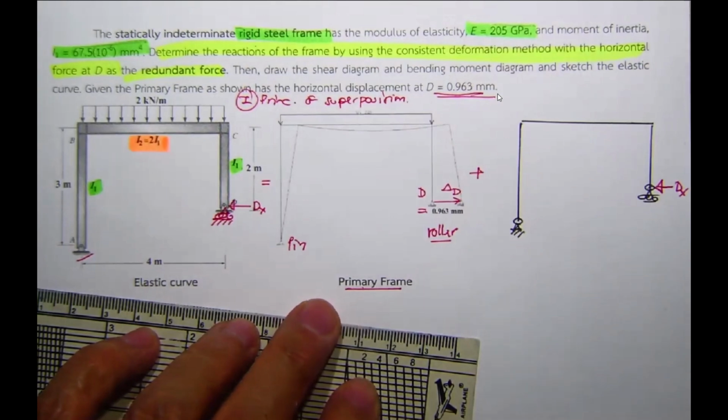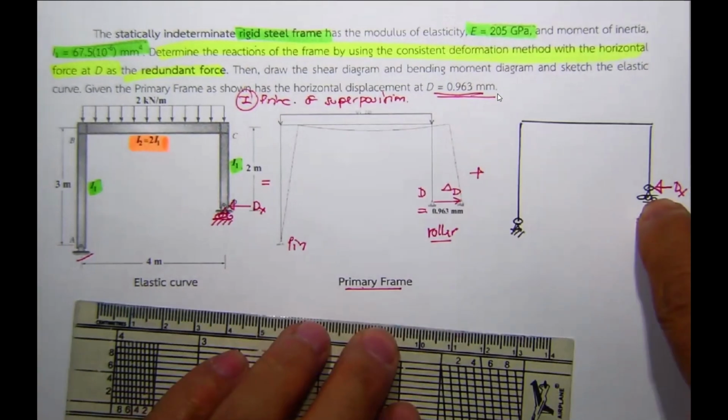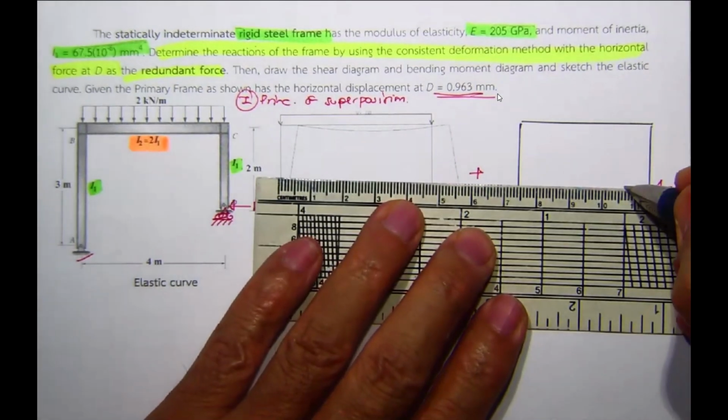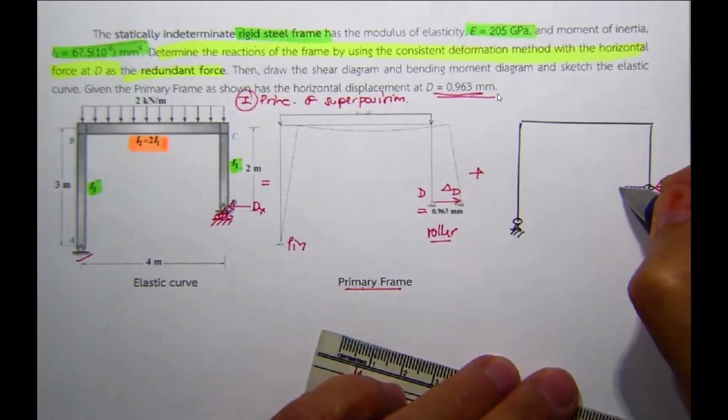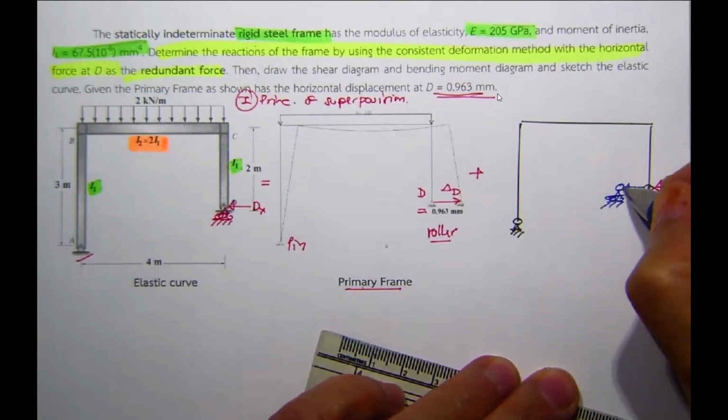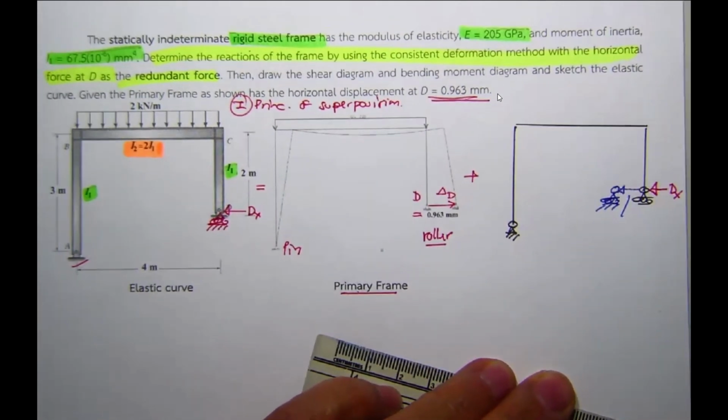The frame over here is subjected to D sub x, then the roller must move to the left, and that's going to be the deformation.